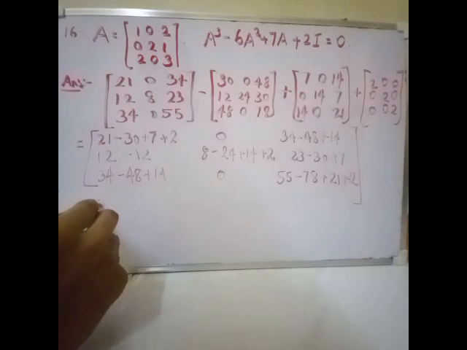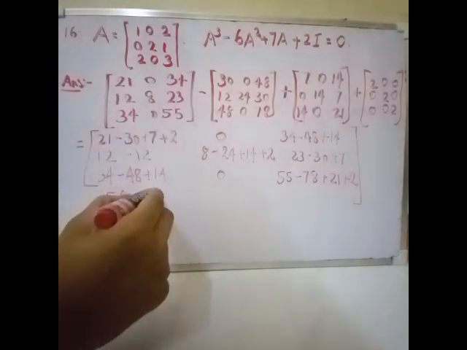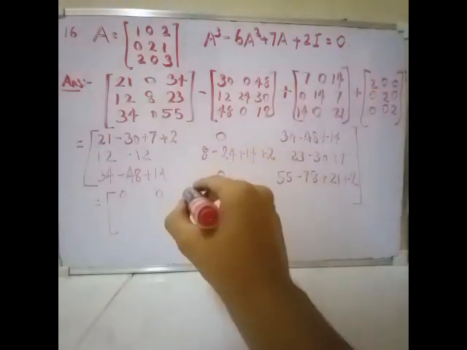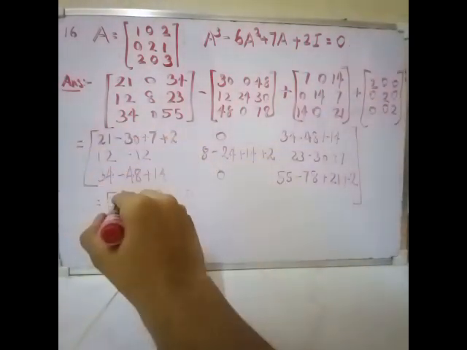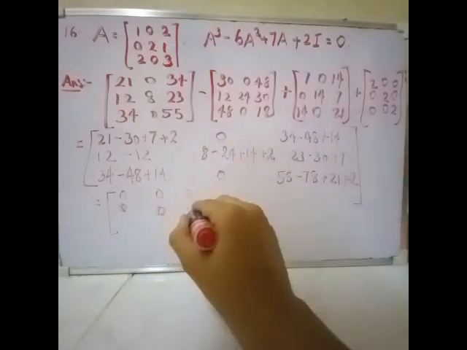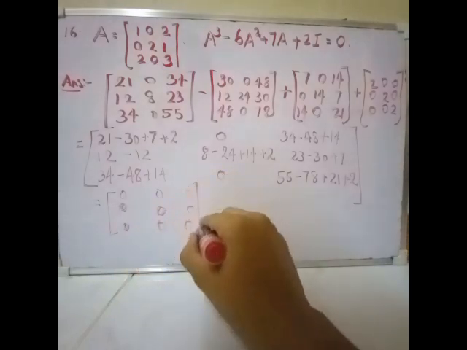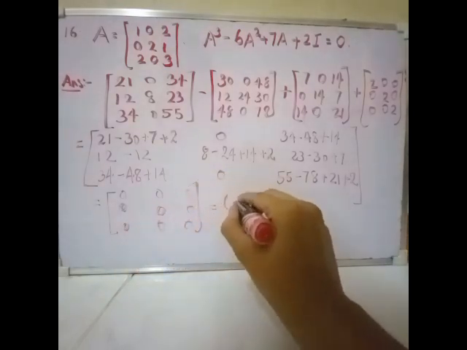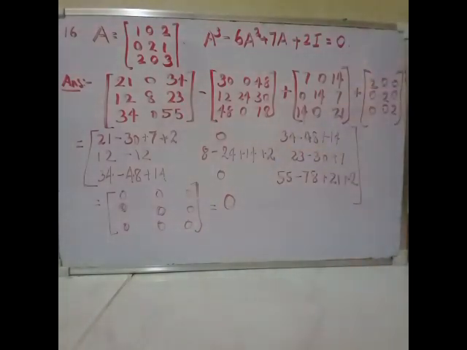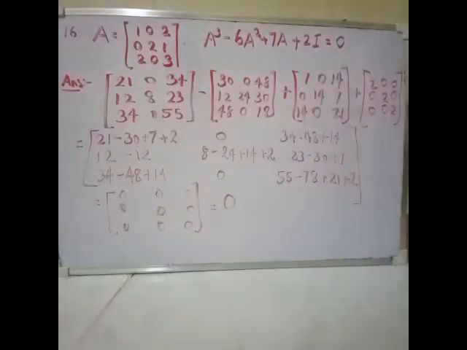So actually now if you do the addition and subtraction, everything would become 0. It would be 0, this also is 0, and this also would be 0, and this also 0. So all the elements would be 0, which is equal to the O matrix or 0 matrix. So we have proved that this is equal to the 0 matrix. So this is the correct answer.